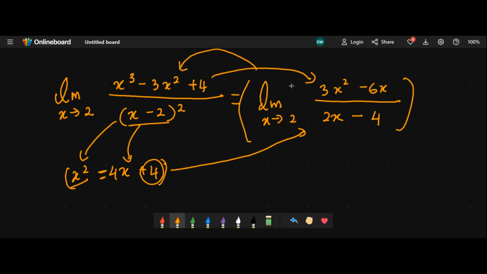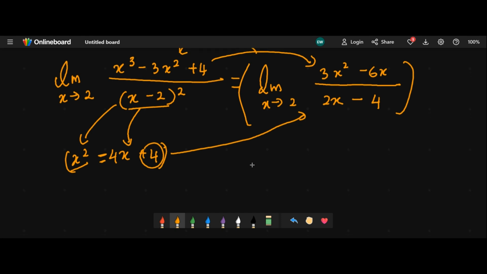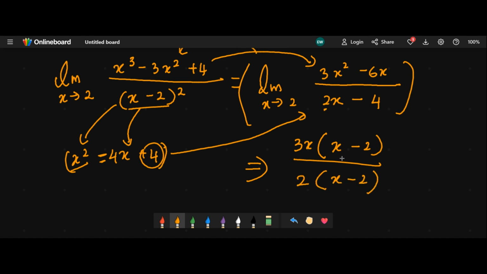Now what we can do is take 3x as common in the numerator, so it will be x minus 2. In the denominator we can take 2 as common, so it will be x minus 2. Now you see x minus 2, x minus 2, so you can cancel.